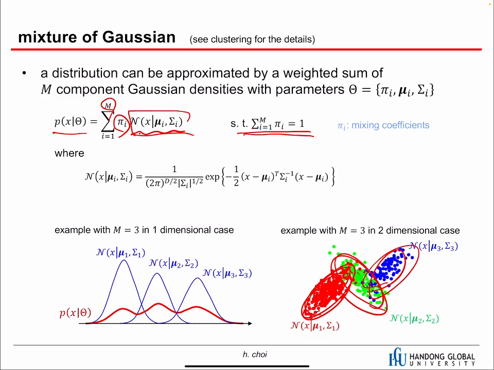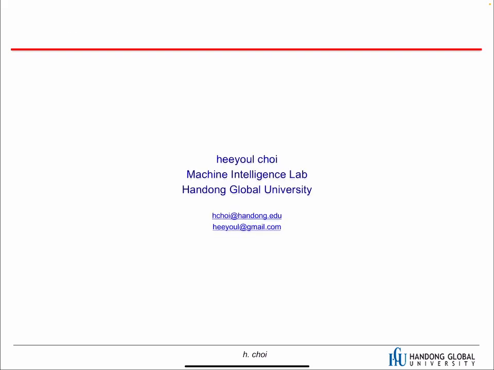In the non-parametric method, we had n Gaussian kernels. In the mixture of Gaussians, we have m Gaussian distributions, each of which corresponds to one cluster. So that is between these two extreme cases. Okay, this is it. Thank you.